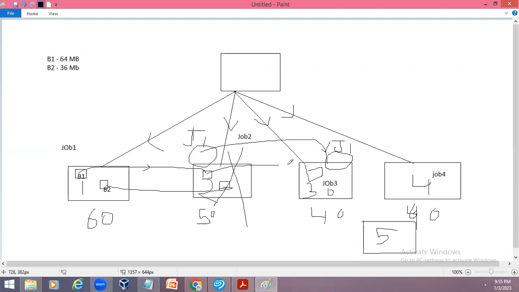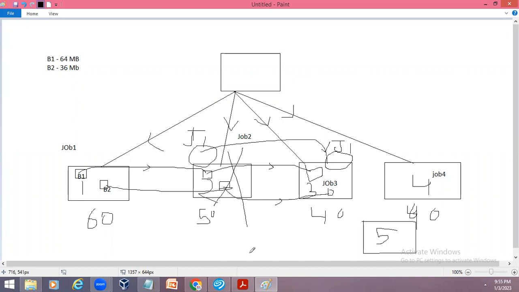So for this I will have a copy of this block in another node. Now what I have is the same set of data in 3 different nodes. Block 1, the same 64 MB, I have stored in data node 1, data node 2, and data node 3.